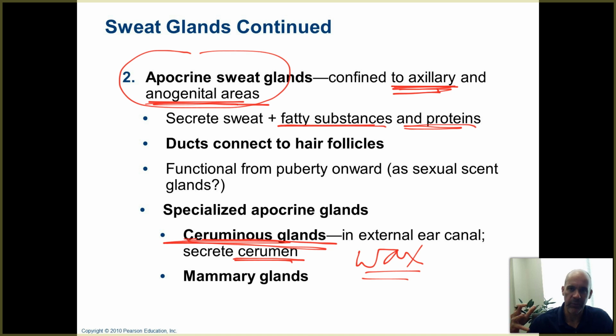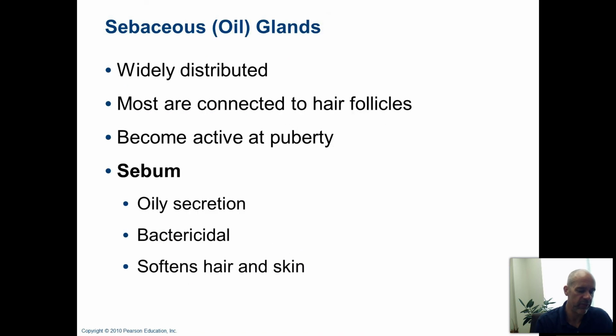So your earwax producing glands are actually apocrine sweat glands, but they don't produce sweat, they produce earwax instead. And the mammary glands, believe it or not, in the female breasts, which produce breast milk, they're actually modified apocrine sweat glands. They don't produce sweat, they produce milk for nursing infants instead. So that's kind of interesting that those structures come from those types of sweat glands.